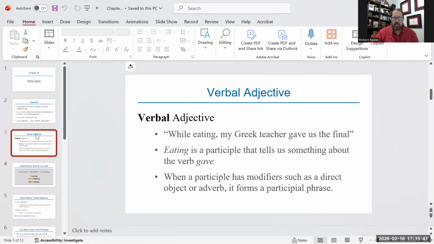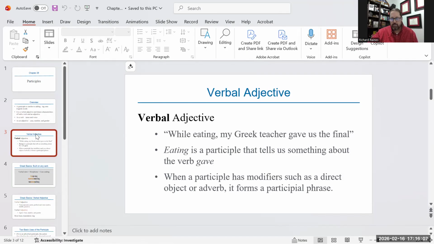And here's a couple of examples that he gives in the textbook. While eating, my Greek teacher gave us the final. Eating is a participle that tells us something about the verb gave, right? A participle can have modifiers, like it can have a direct object or an adverb. When it has those modifiers, it's going to form a participial phrase.